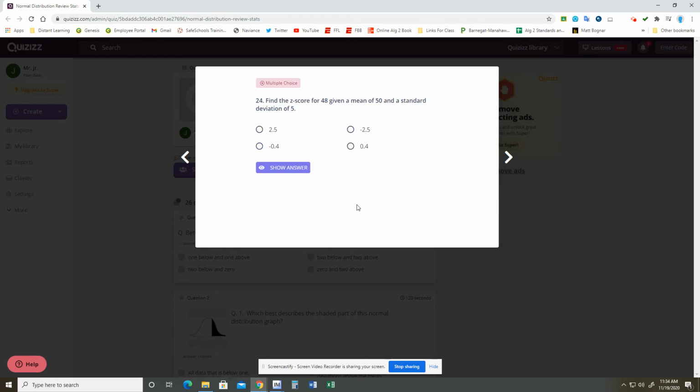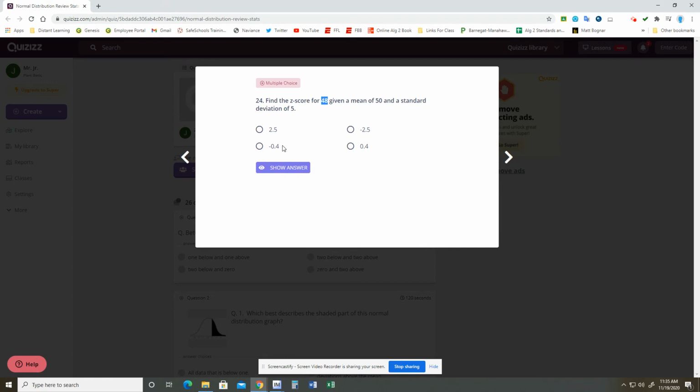Number 24, find the z-score for 48 given a mean of 50 and a standard deviation of 5. Now, right off the bat, 48 is below average, which means the z-score should be negative. So which narrows it down to either one of these. 48 with standard deviation of 5. 48 is within one standard deviation of that mean.